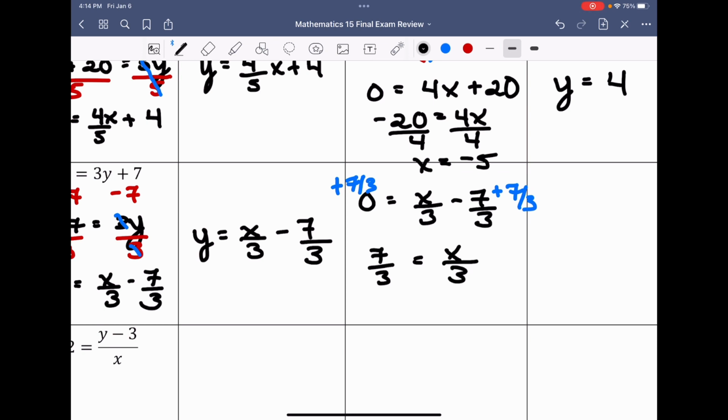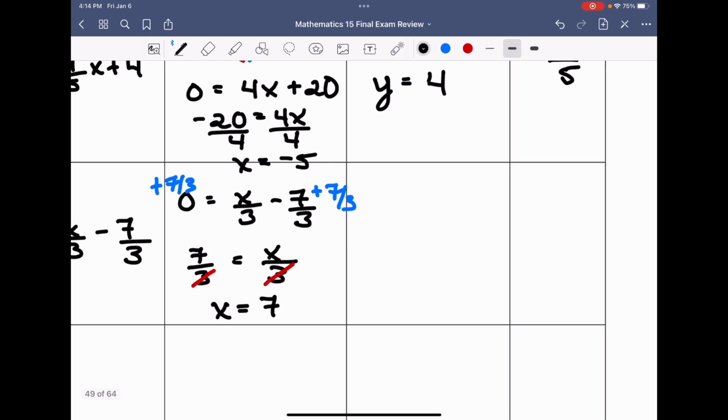And now they have the same denominator. I could technically cross multiply these and then divide away the 3. Or I could just realize that if they both share that denominator of 3, I can just cancel those out. They go away. And you would actually find that if you did the algebra behind it. But if they share the same denominator like this, just get rid of them. Now, we know x-intercept is equal to 7.